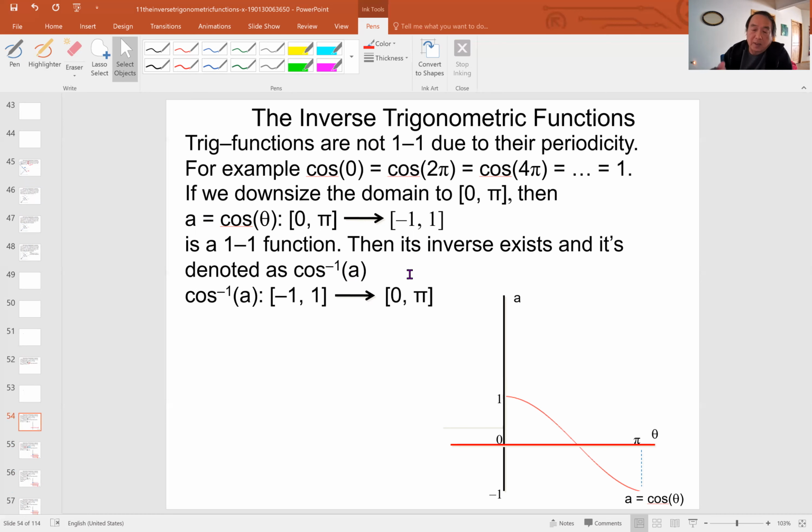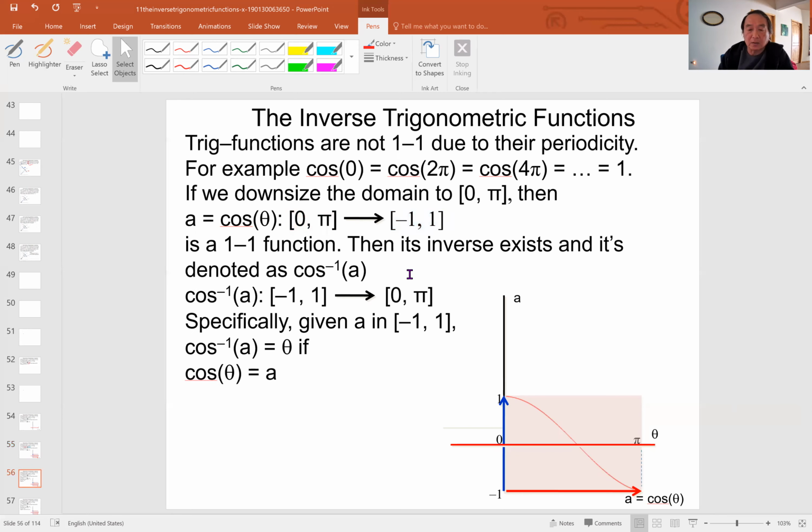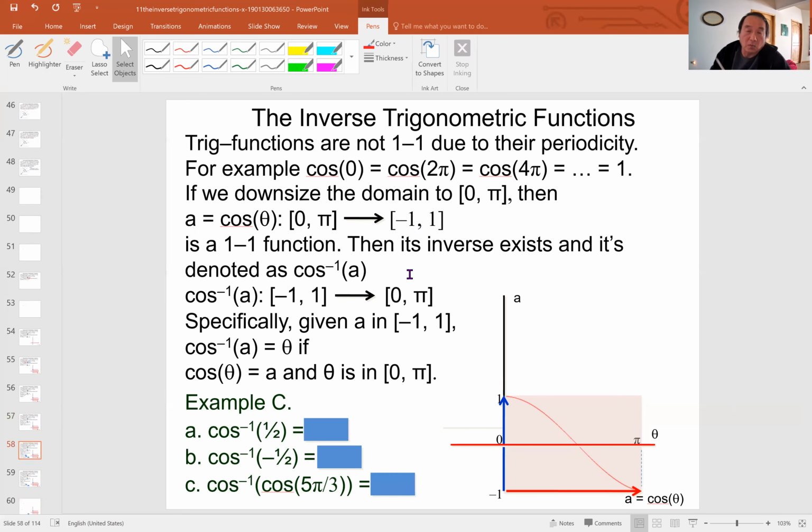Pictures, and we can plot it. We can notice the original cosine takes 0 to pi to -1 to 1. So the cosine inverse will take -1 to 1 to 0 to pi. It's the other way around.